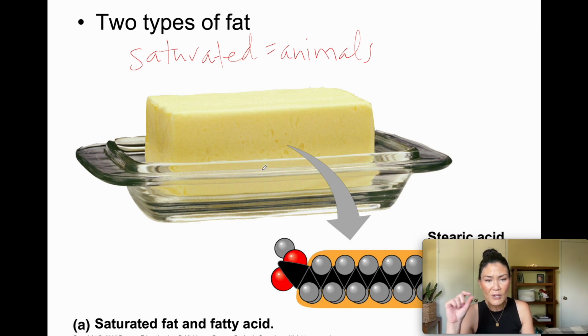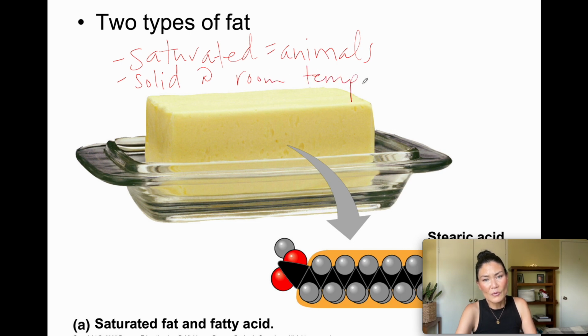And because they're straight chains, they can be tightly packed together and form a solid. Okay, so one of the things about saturated fat is that it's solid at room temperature. So fats from animals are going to be saturated fat, and they are solid at room temperature because the hydrocarbon chains in the fatty acid are straight.